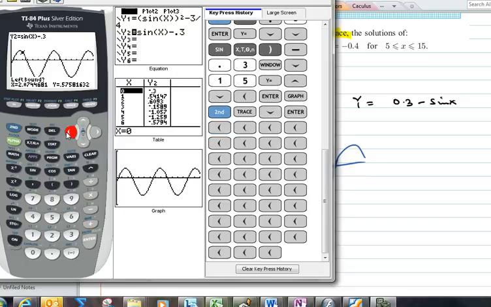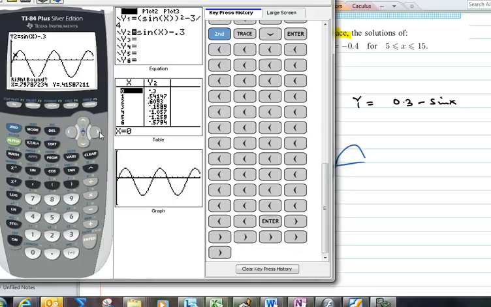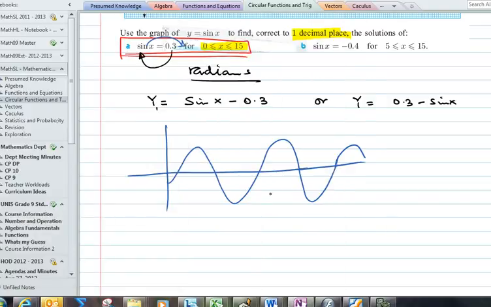So that would be that point there. Left bound would be that, right bound would be a point after it, and the result is x equals 0.305. So that's the first result. So sine x equals 0.3 has solutions: x equals 0.305.